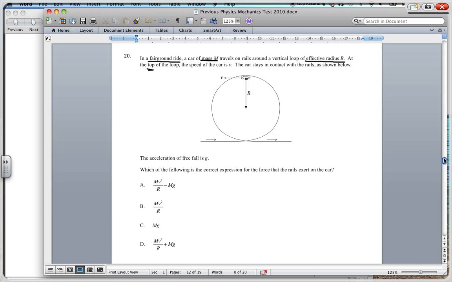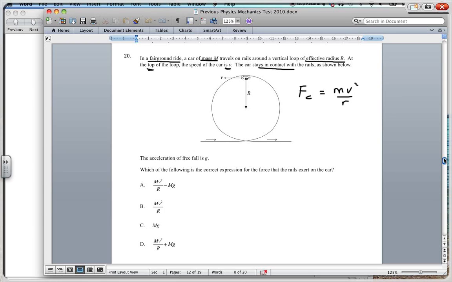At the top of the loop, the speed of the car is v. The car stays in contact with the rails as shown. So we have a resultant force acting down, which is your centripetal force, equal to mv squared over r.